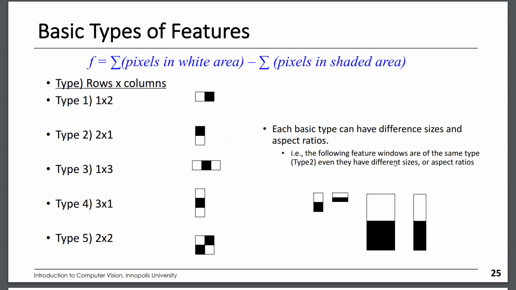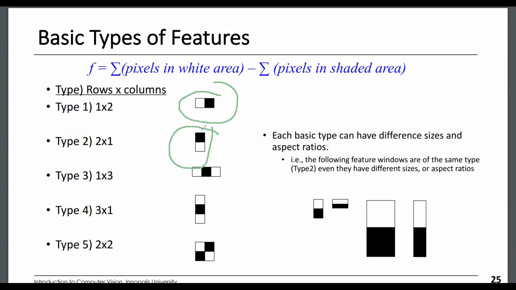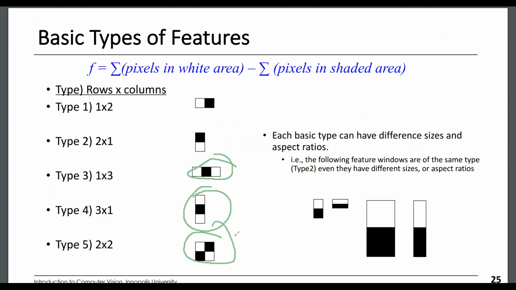There are five basic types of features, which we have been seeing from the start. So there is type 1 and type 2, for edges, either horizontal edges or vertical edges. We have type 3 and type 4, which are for lines, and this last one is for areas where we have whiter here and darker on the edges.